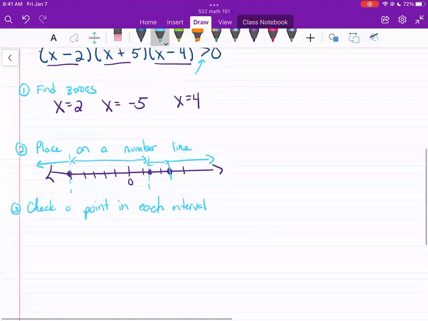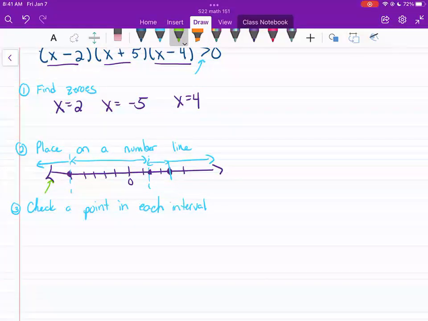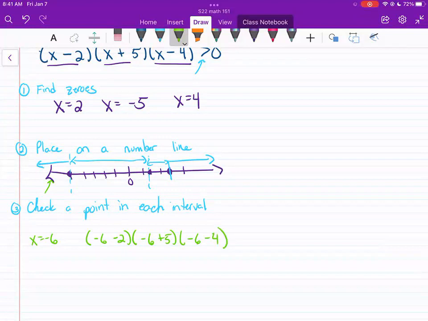So let's start on the far left. I'm going to check the point -6, which would fall into this interval. All you need to do is take the point, plug it in to the equation or the inequality, but then you don't even have to completely solve it. You just have to find out if it's positive or negative.